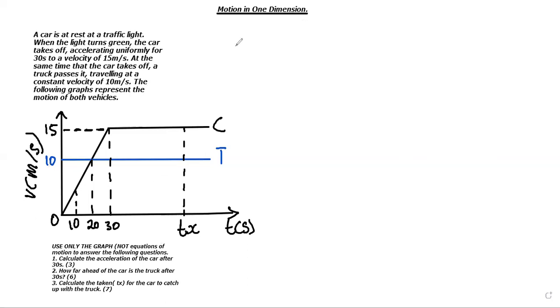But if you look at this situation, the initial positions of both the car and the truck are going to be 0. Why is it 0? For the car, it was at rest, right? So the initial position is 0. It makes sense. But the truck was already moving, right?